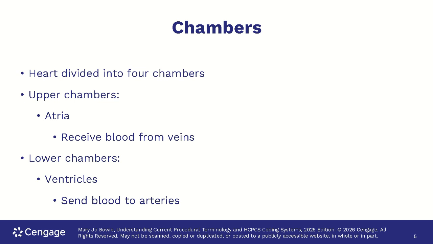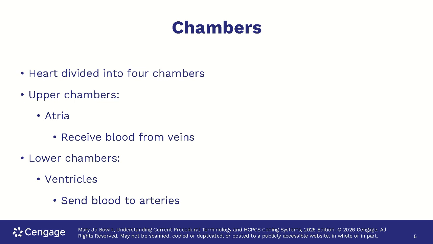The heart itself is divided into 4 chambers. The upper chambers are called the atria. They receive blood from the veins. The 2 lower chambers, called ventricles, send blood to the arteries.